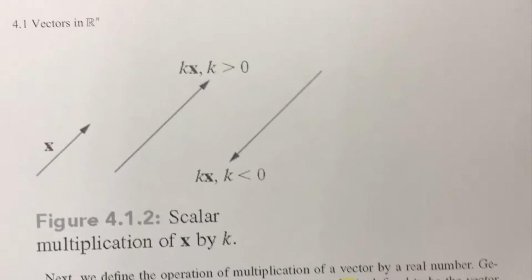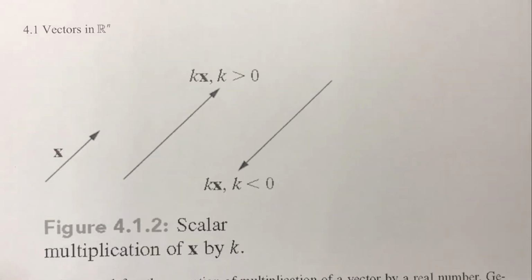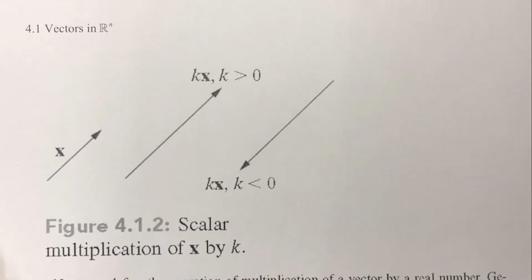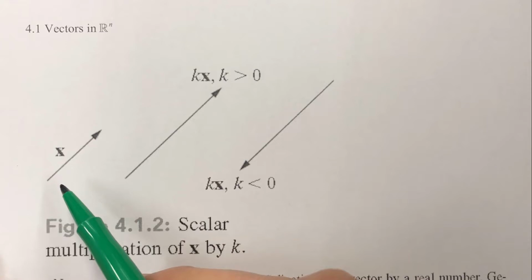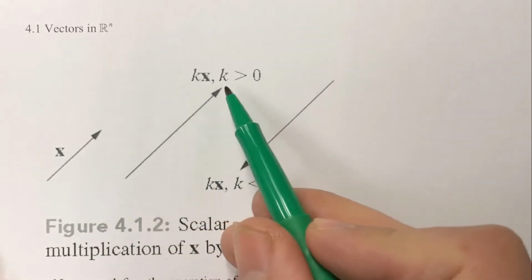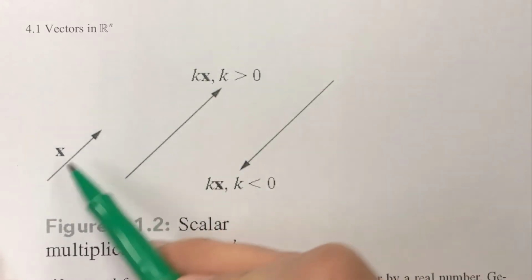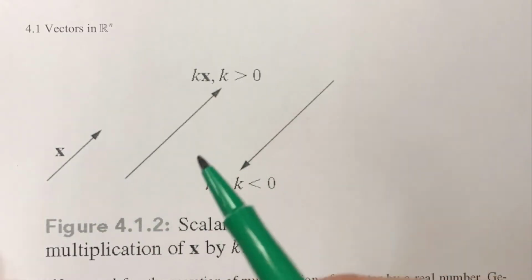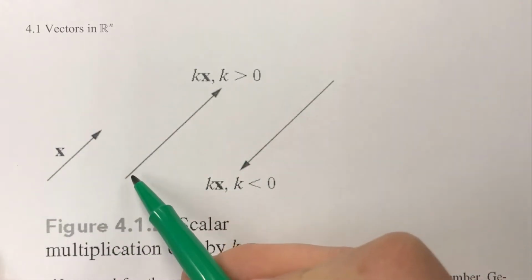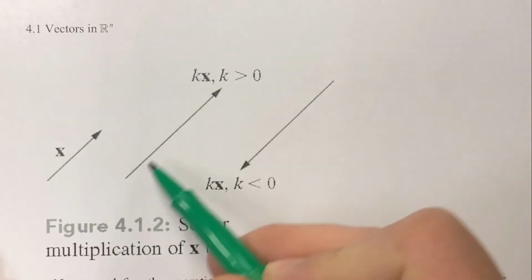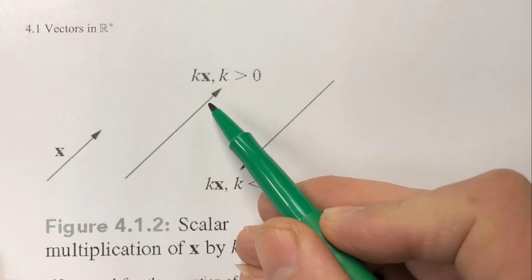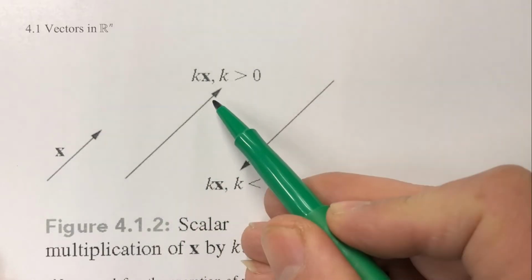This is called the scalar multiplication of any vector x by k as a scalar k. You could start with x. If you multiply it by something greater than 0, like 2, it's going to keep the same direction, same angle, and extend it by a factor of 2.